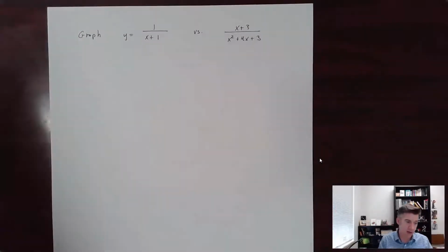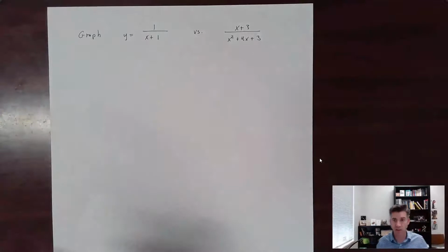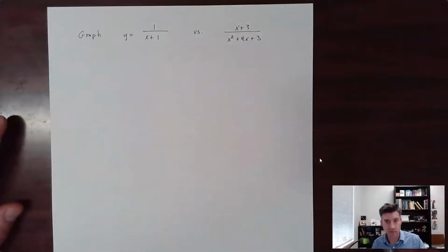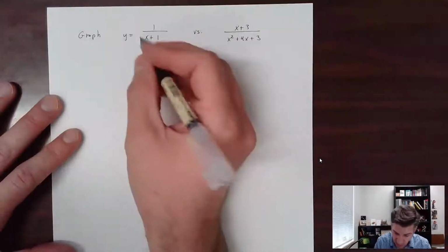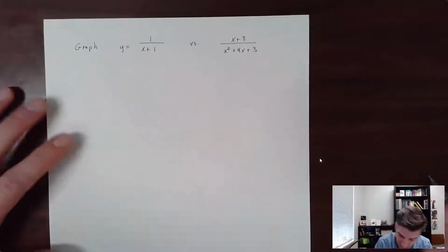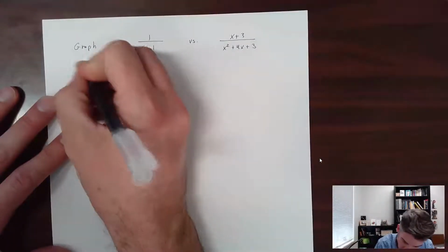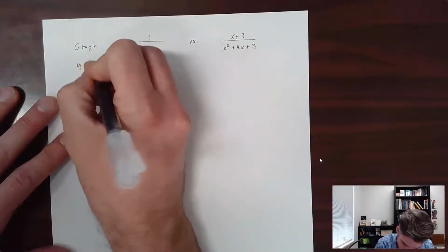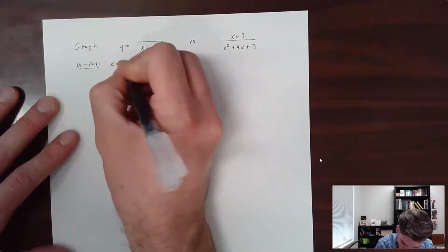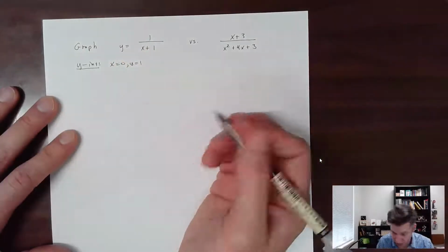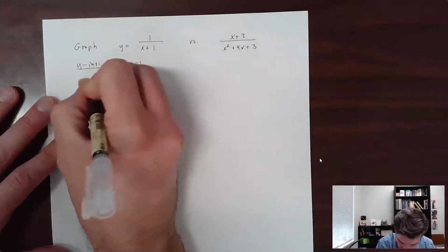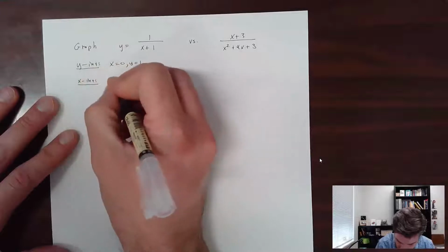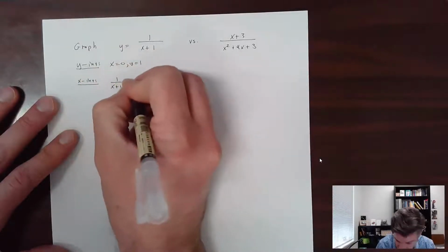So I'm going to do y equals 1 over x plus 1 versus x plus 3 over x squared plus 4x plus 3. So this one, we could still graph in the usual way. The y-intercept is going to be 1. If I plug in x equal to 0, I get y equal to 1. I don't have any x-intercepts because if I set the whole thing equal to 0, there's no solution.